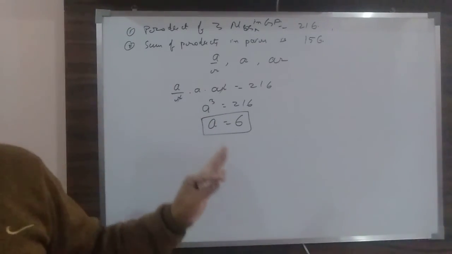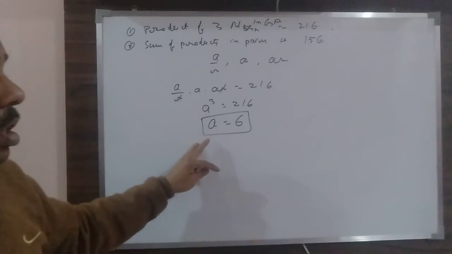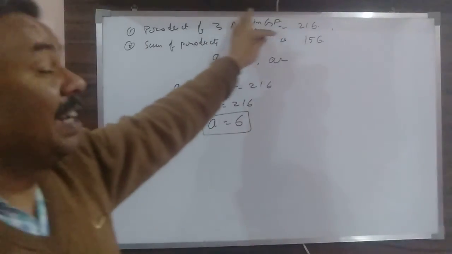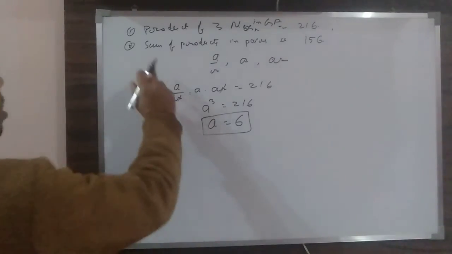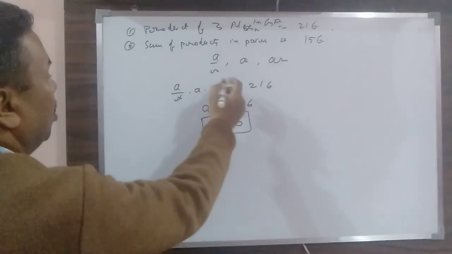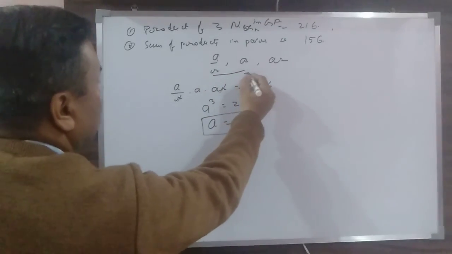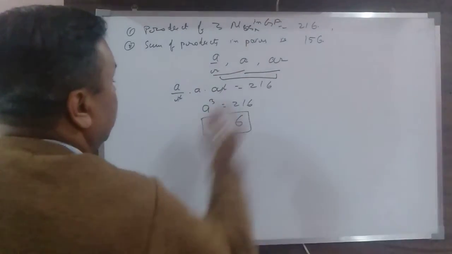Okay, so this is what you got. Now I will use the second condition, and it will be very much easier for me. See how it becomes. What has happened? It is saying the product in pairs. Obviously, first product will be this, second product will be this, and third product will be this.